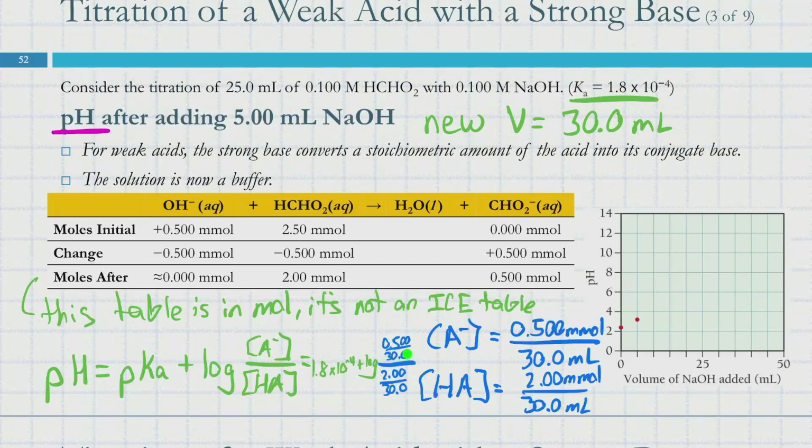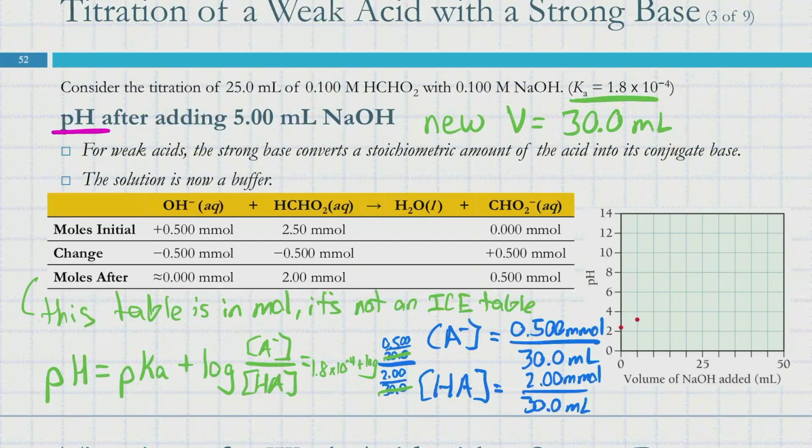So this 30, the one on top, would flip down to the denominator. The 30 in the bottom would flip up to the numerator. So those cancel each other out. Since they're in the same solution, we don't have to worry about the volumes. It shouldn't make a difference. So that's potentially a nice little hack.